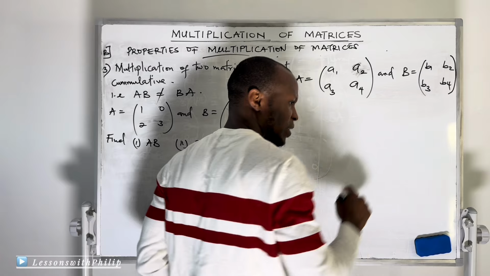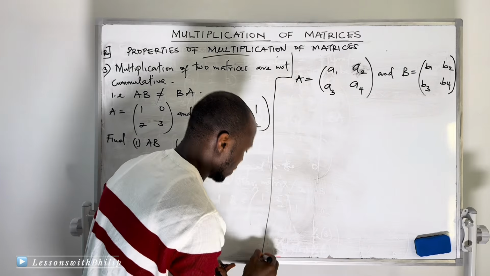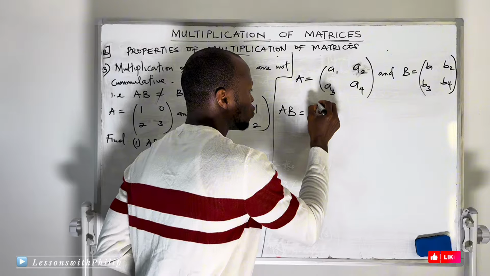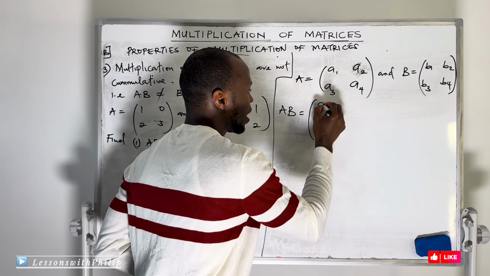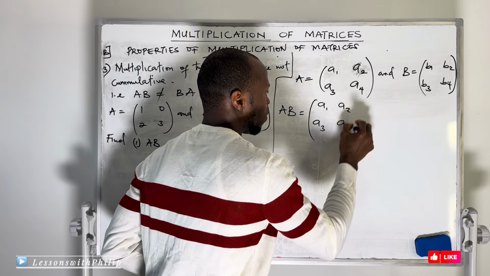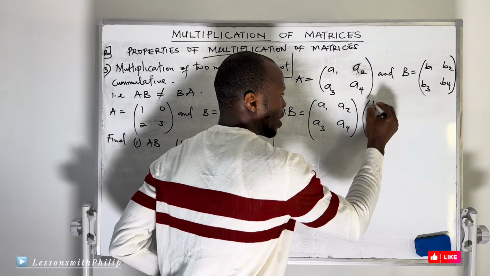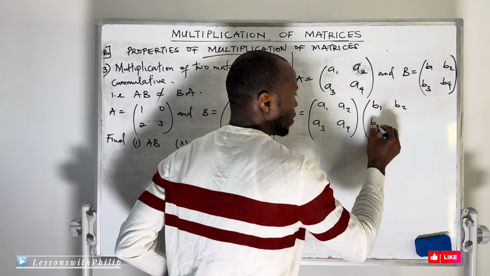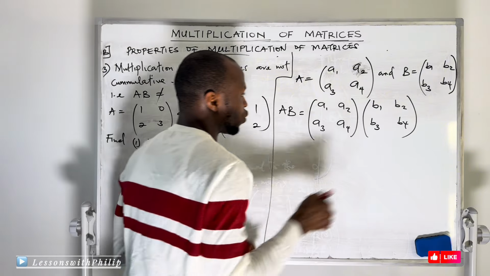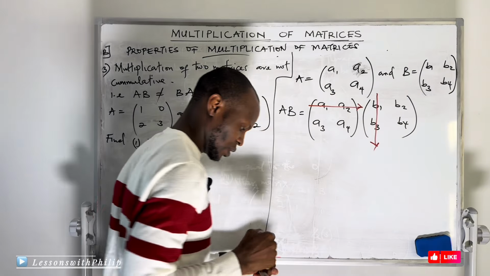I'm using letters so that you'll be able to follow. Now, if I want to find AB, I will multiply A1, A2, A3, A4, which is my matrix A, with my matrix B, which is B1, B2, B3, and B4. To multiply two matrices, each of the rows will multiply each of the columns. All right?